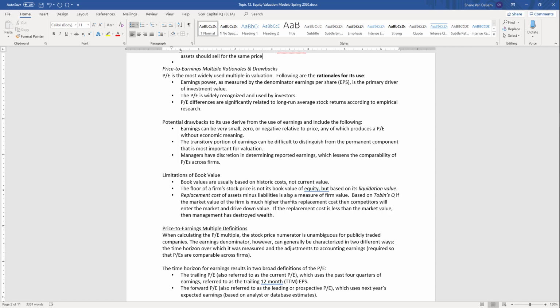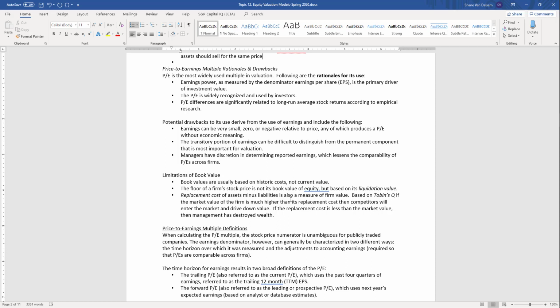So we're going to focus on price to earnings because it is the primary one that people use. There are many ways to calculate the price to earnings multiple. The price to book is a little bit more straightforward because we're going to look at the book value of equity for that, and you can measure that once a year or on a quarterly statement.